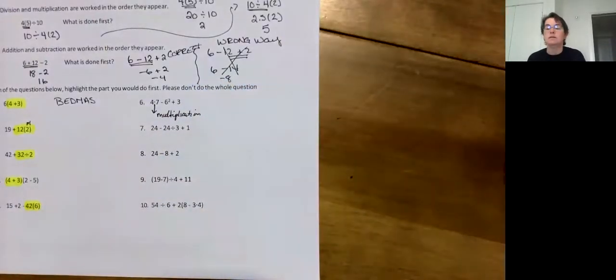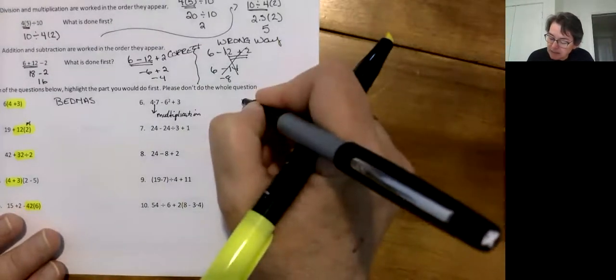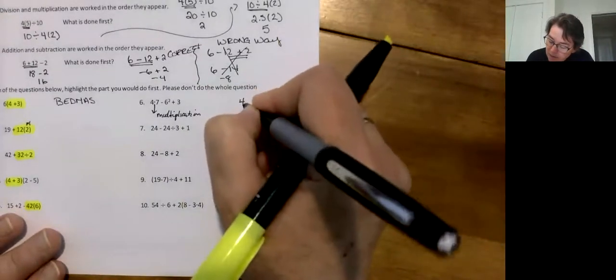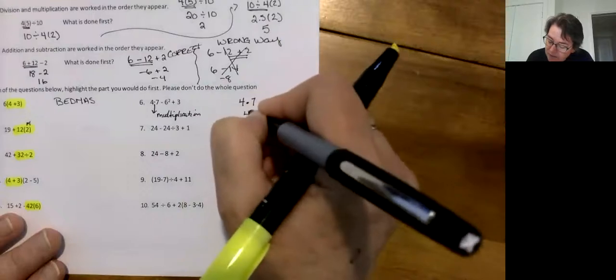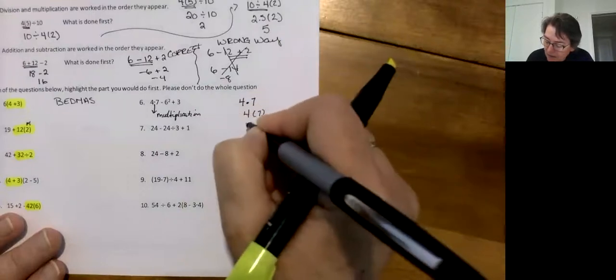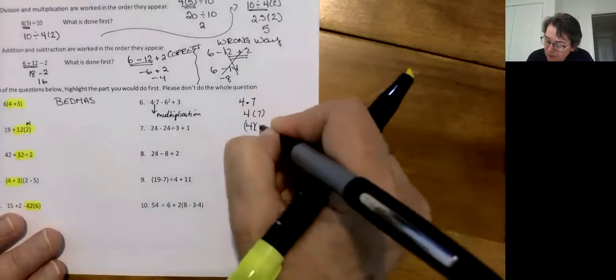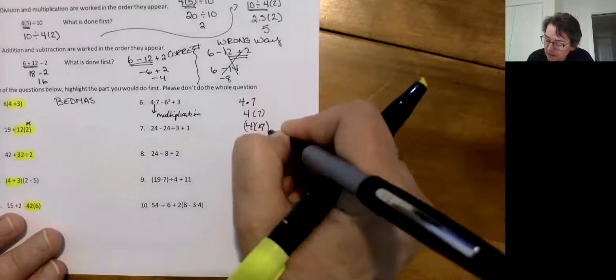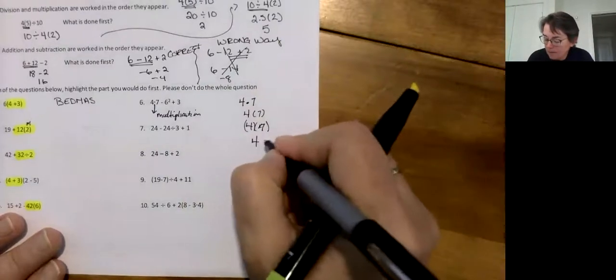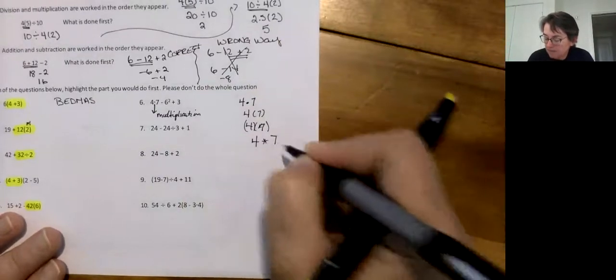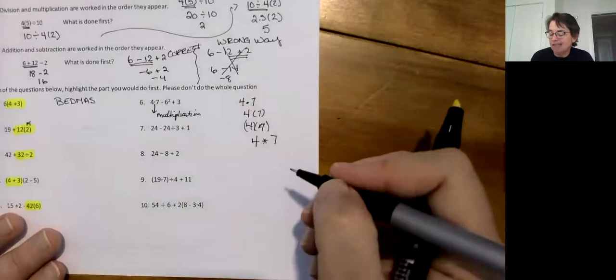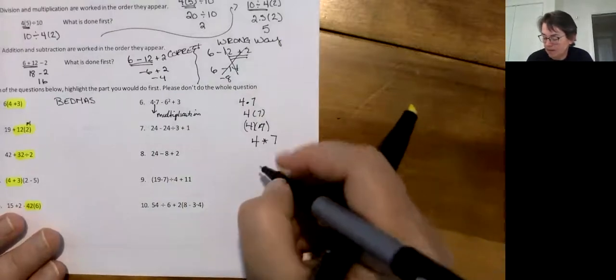It kind of depends on what questions you're looking at. So multiplication can be 4.7. It could be 4 bracket 7. It could be bracket 4 bracket, whoops, 7. You could use an asterisk in there. Okay, that star thing.